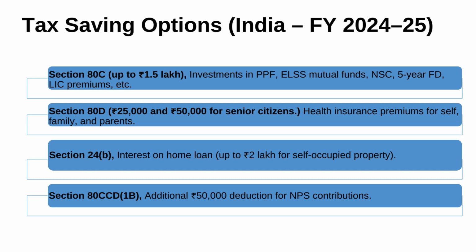As you know, there is no upper limit, but only for 8 years. Then we have section 80G, donations to charities and trusts. In this case, it is either 50% or 100% deduction, depending on the type of charity you are donating to.